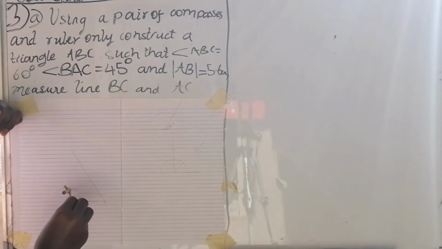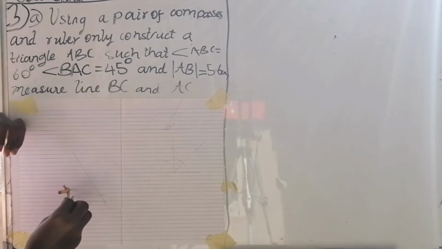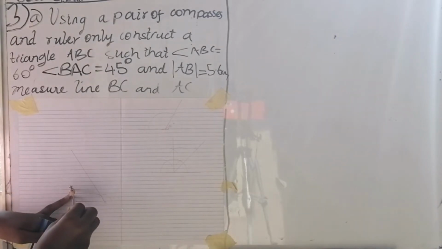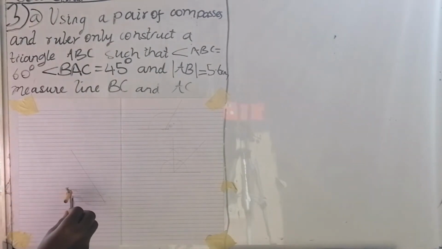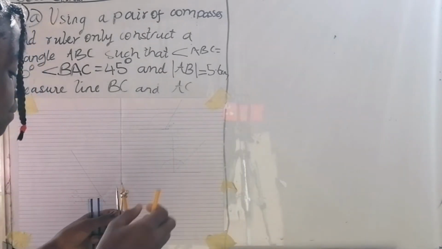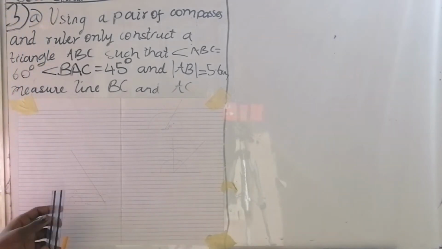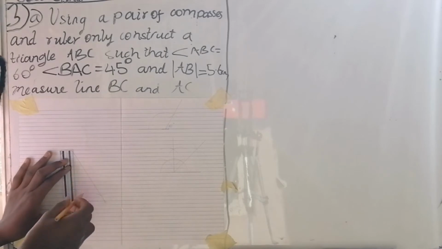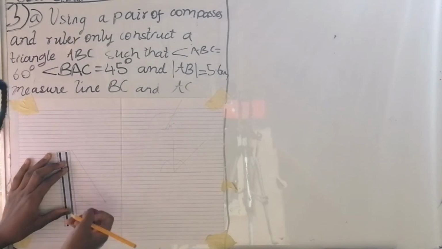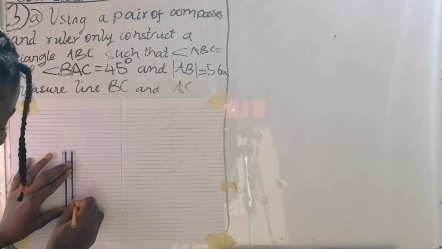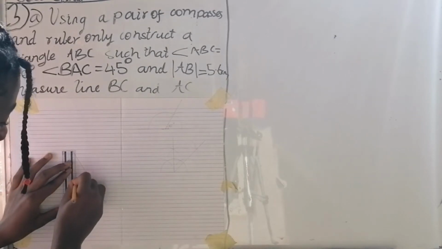Then I still strike an arc here. Good. Now that I have done this, I draw a line that cuts through the center of this intersection here and touches the middle of this semicircle. Good.